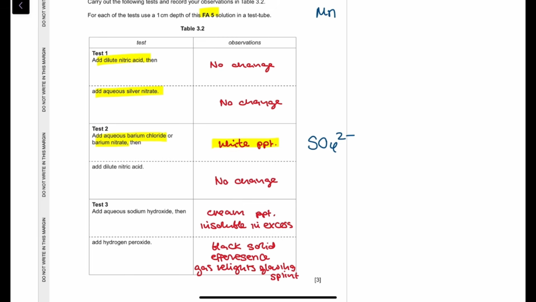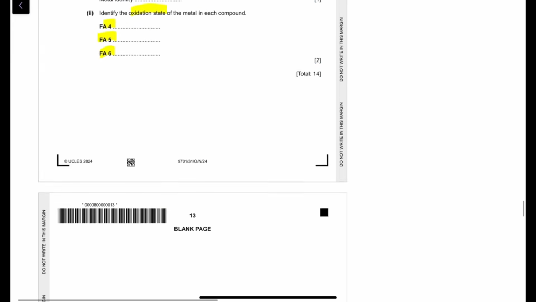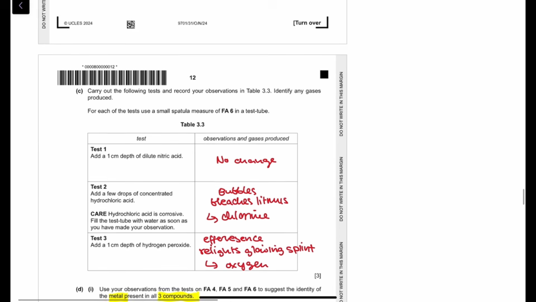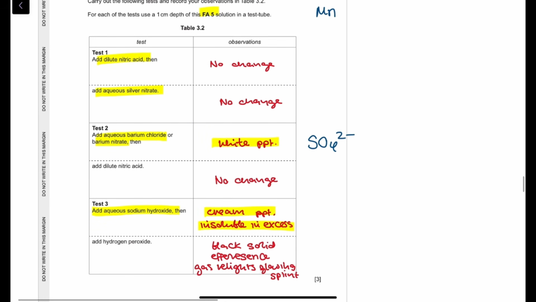Now down here, test 3, when we add aqueous sodium hydroxide, we get a cream precipitate that's insoluble in excess. And if we turn to the very back, we can find that for manganese 2+ ions, the reaction with sodium hydroxide gives an off-white precipitate that again is insoluble in excess. So we can use that to confirm the presence of Mn2+ ions.